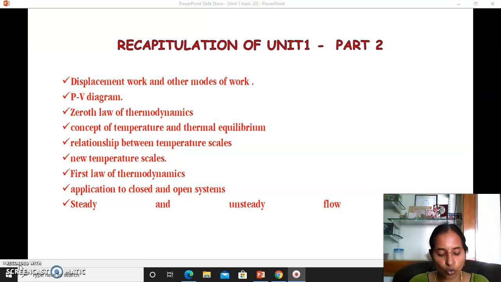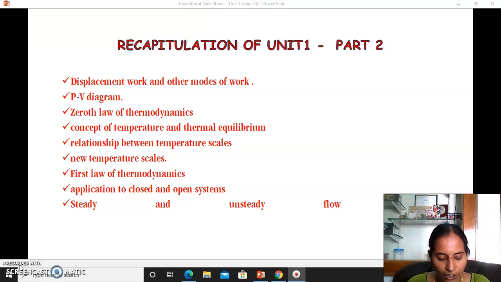This is called Joule's law, and for a reversible process we can write the change in internal energy, that is U2 minus U1, equal to m Cv (T2 minus T1), where Cv is the specific heat at constant volume and T2 minus T1 is the temperature difference. Enthalpy is a property of the system defined as the summation of internal energy plus flow energy, PV.